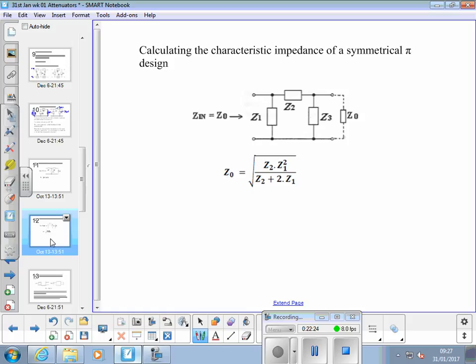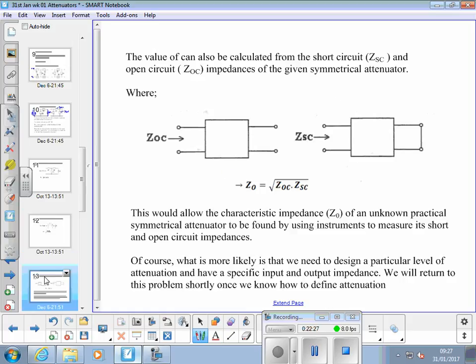Another thing that could be useful in the field is if you have an attenuator with no markings on it, and you wanted to know what the characteristic impedance was. You can find out, because you can measure the impedance looking in with an ohm meter with the load disconnected, Z open circuit.